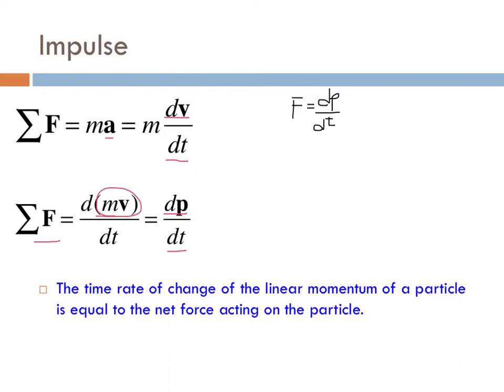So this equation is one way that you might see it on your equation sheet. Another way is if we multiply each side by our change in time, and then we can take the integral of a force function with respect to time, and that will also give us our change in momentum.